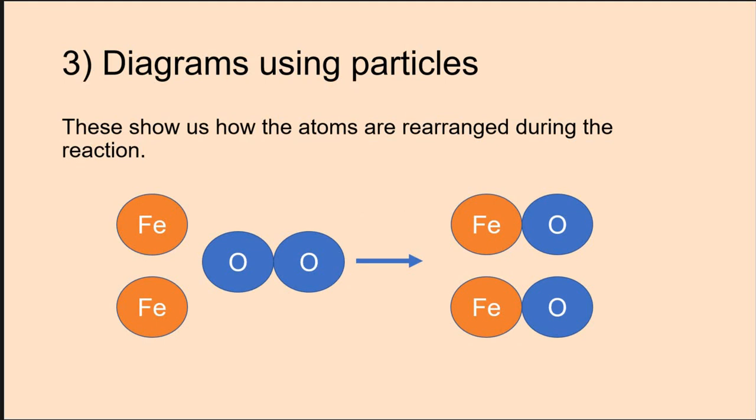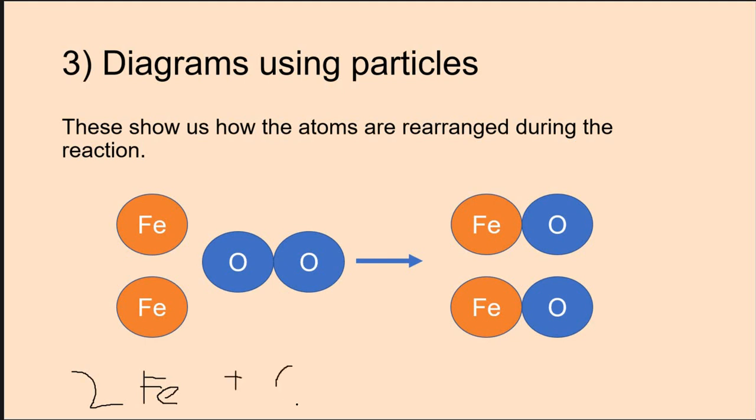The last way that we will look at of how we can show chemical reactions is these particle diagrams, and these show us exactly how the atoms are rearranged during the reaction. So we have our 2 iron, let me try and write on my tablet, plus our O2.